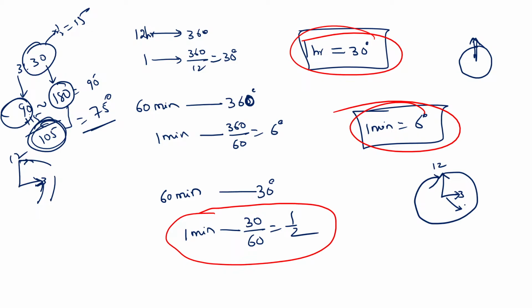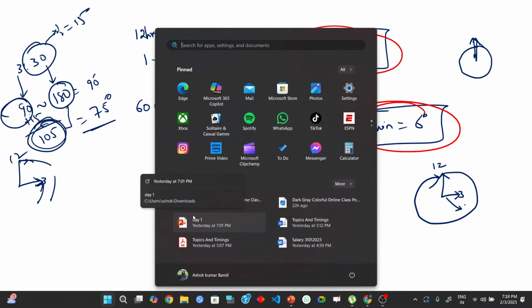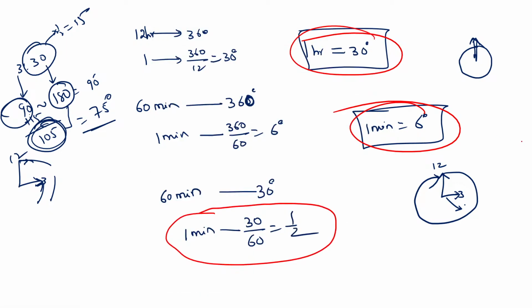Otherwise, if you are having any doubt, please type repeat. If it is clear, please type C. If you want me to repeat, please type R.